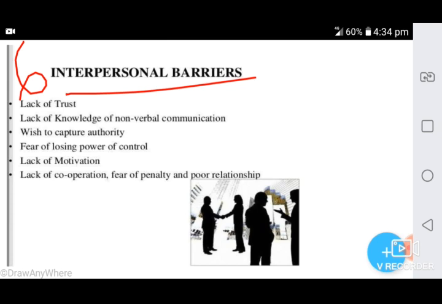Examples of interpersonal barrier include lack of trust in employees, lack of knowledge of non-verbal cues like facial expression, body language and eye contact, no consideration for employee needs, bypassing, information overloading, lack of cooperation, lack of motivation and fear of penalty, and poor relationship with the employer. All these lead to interpersonal barrier.